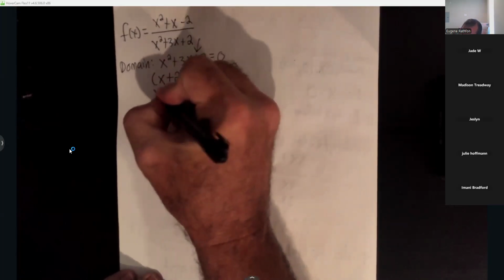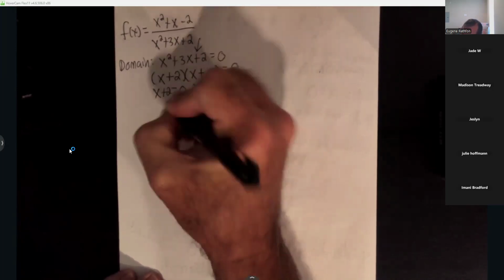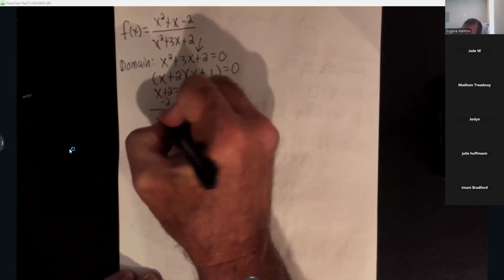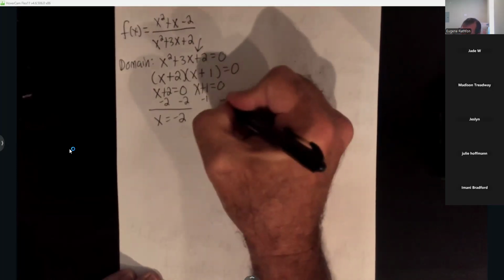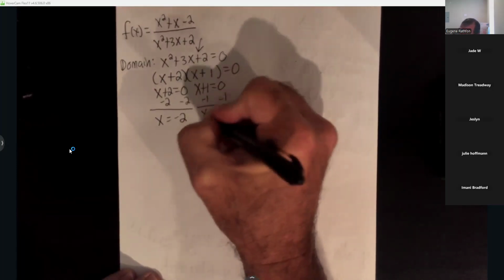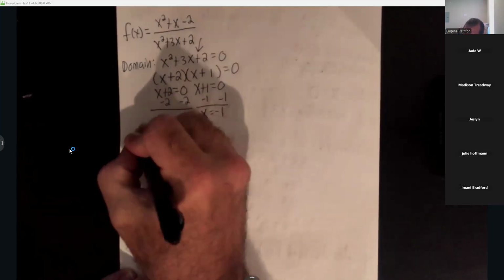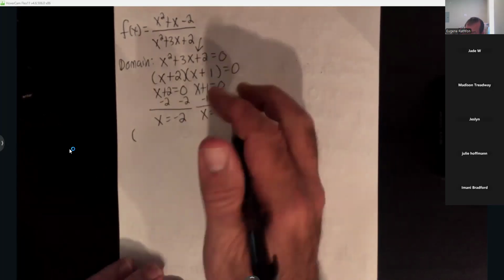All right, y'all, finish it off by setting those equal to 0. Subtract 2 from our first equation. Subtract 1 from your second equation. Oh, now remember, these got to be in order. So the negative 2 will come before the negative 1.